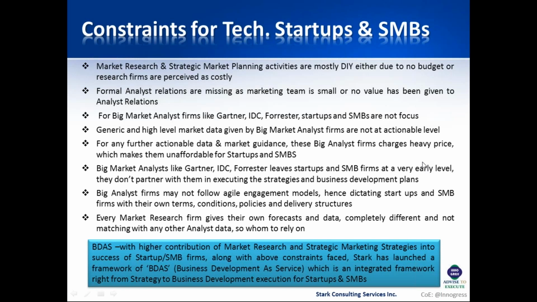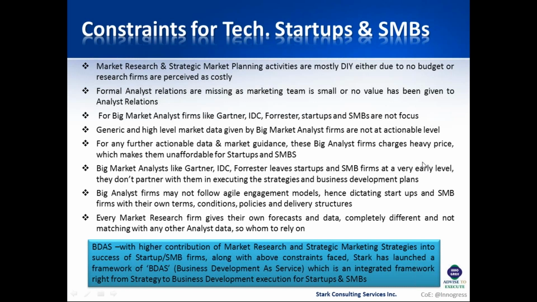These big analyst firms are also very costly, so we thought we would give an economical alternative to the smaller firms. Another thing: the engagement model followed by big analyst firms may not be agile.